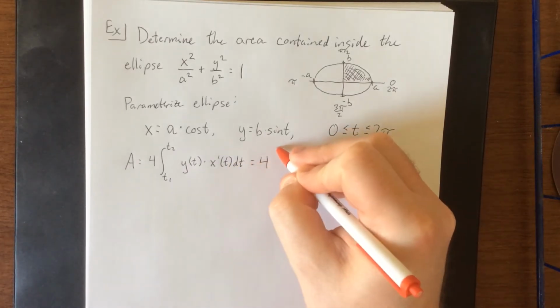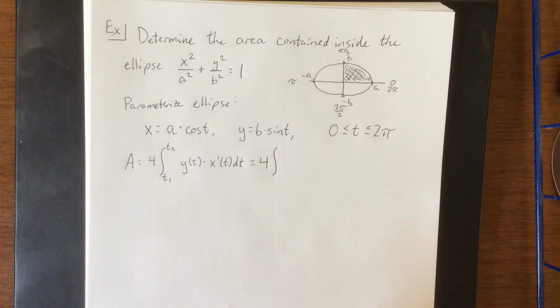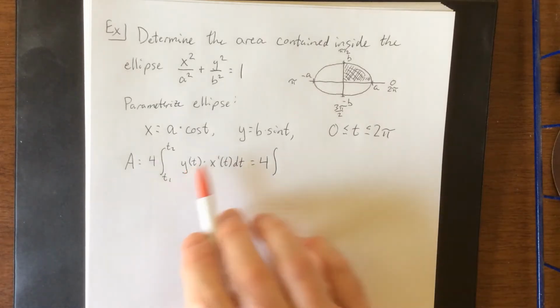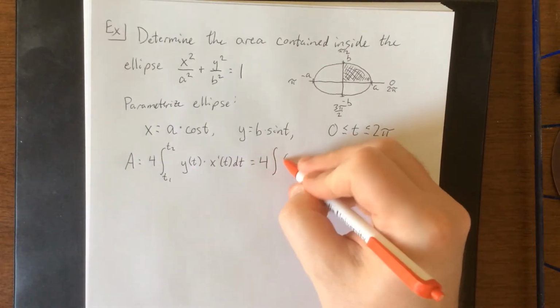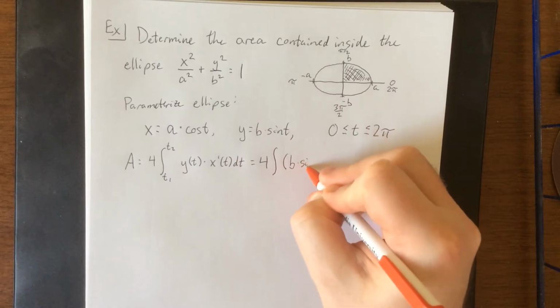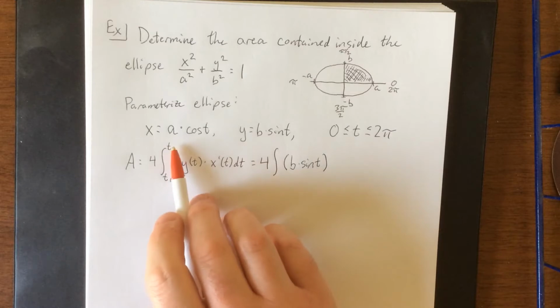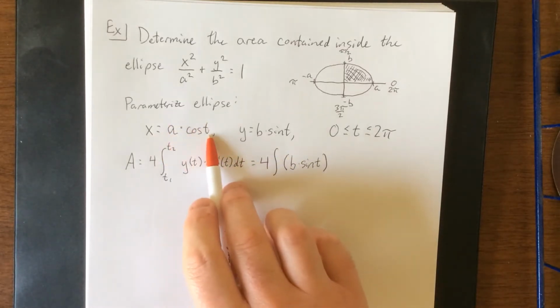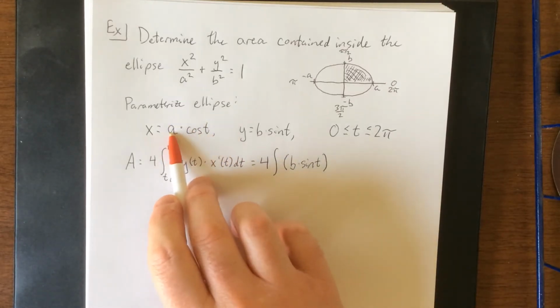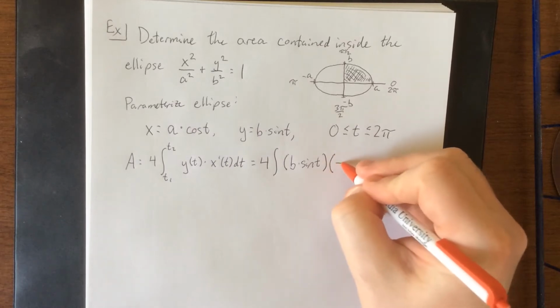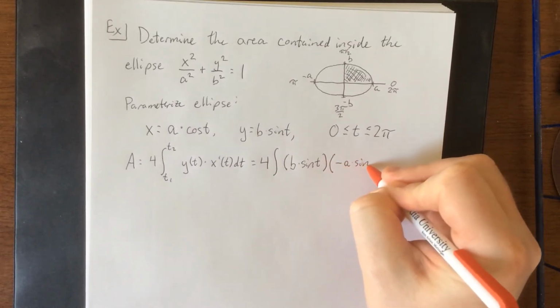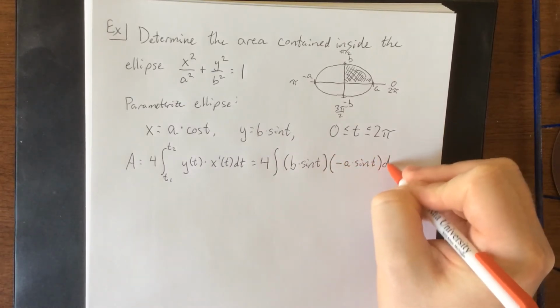So this will be 4 times, we'll worry about the bounds in a second, y of t, which would be equal to b times the sine of t. x prime of t dt is going to be the derivative of a times the cosine of t. Treating a as though it's a constant multiple, this will be negative a times the sine of t dt.